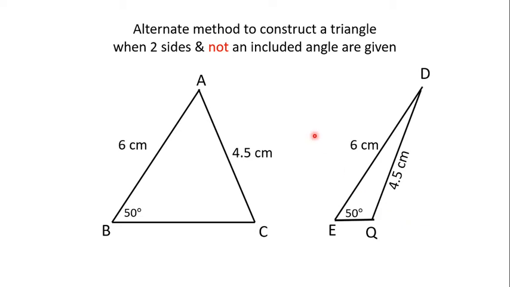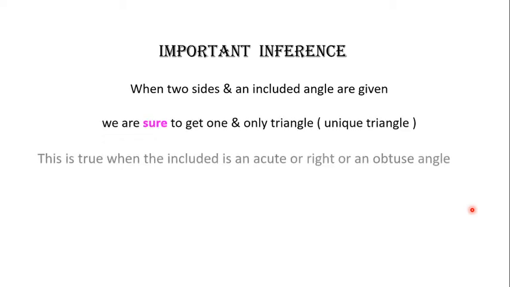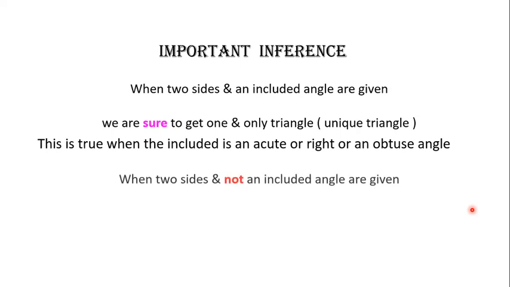In other words, if the angle is not an included angle, then we can get two different triangles for the same measurement. So what is the important inference? When two sides and an included angle are given, we are sure to get one and only one triangle.